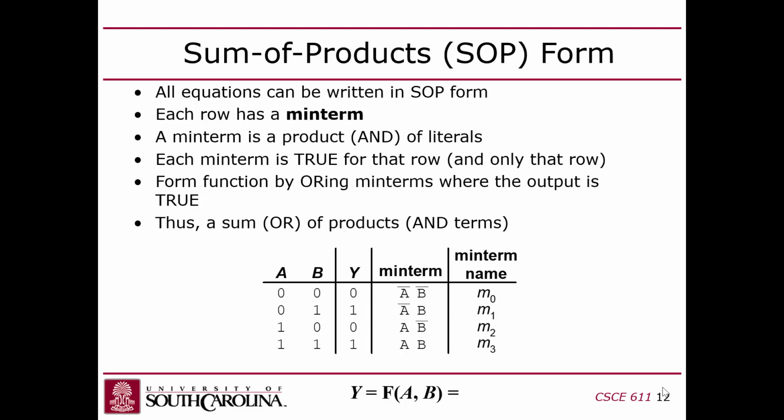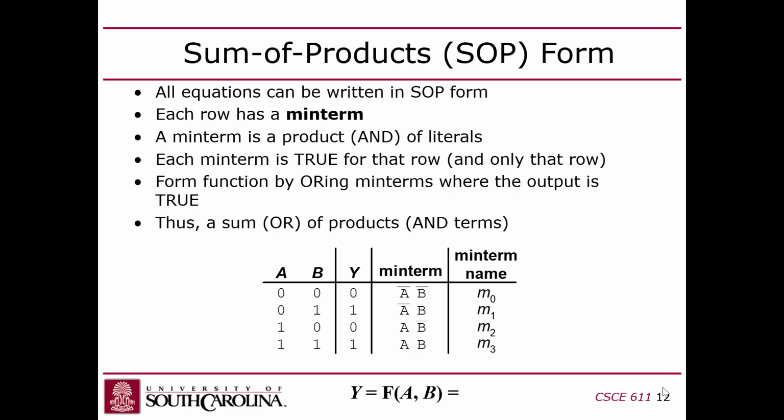Okay, then there's sum of products form, which is a canonical form where you're specifying the functional behavior of a logic circuit, or it's a Boolean expression comprised of sum of products.